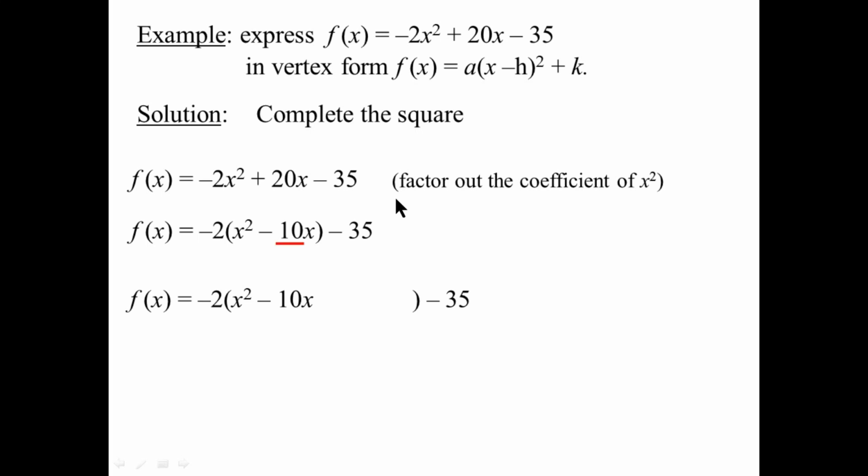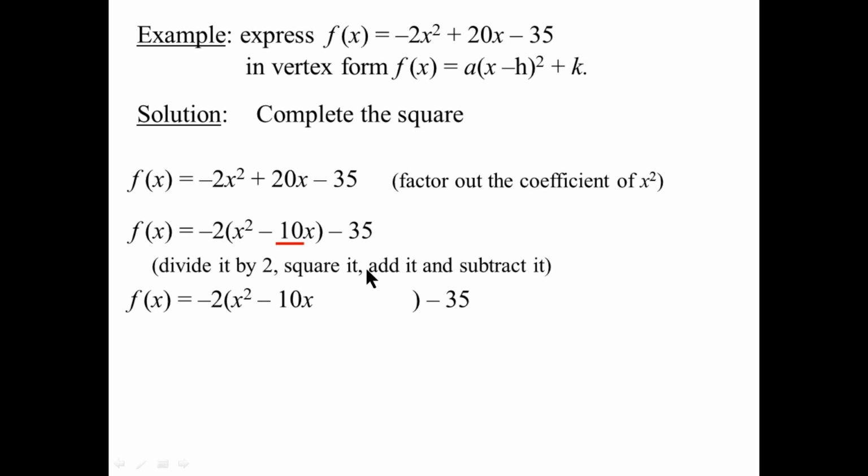Focus on that coefficient, the coefficient on x. And you have to do 4 things to that coefficient. These are the 4 things. You have to divide it by 2, square it, add it, and subtract it. So divide it by 2. When it's even, that's easy to do. So 10 divided by 2 is 5.